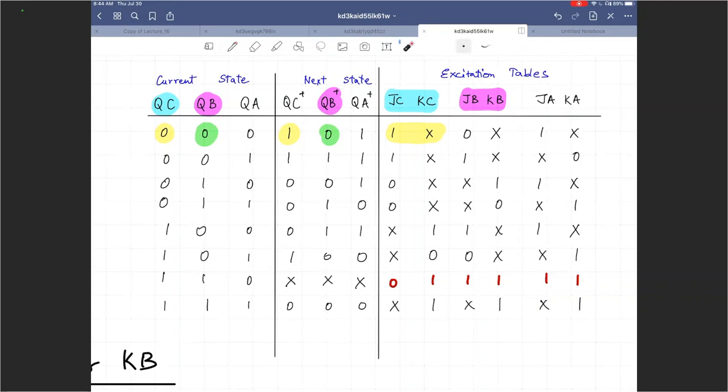Now, I know the current state, I know the J and K values, so I should be able to figure out the next state. I'm also going to erase the next state, and I want you to tell me what QC plus is going to be. QC is 1, JC, KC are 0, 1. What is QC plus?